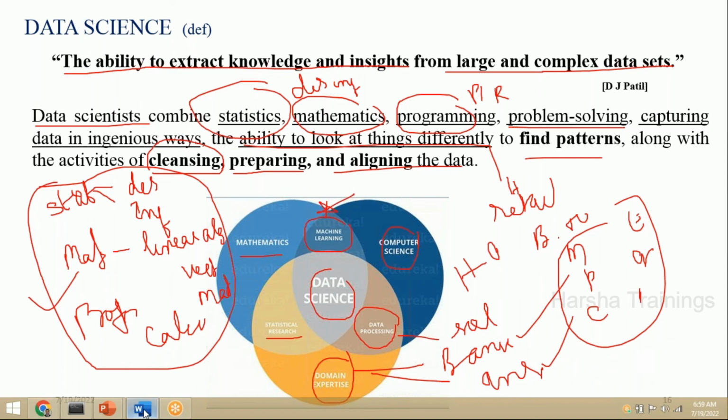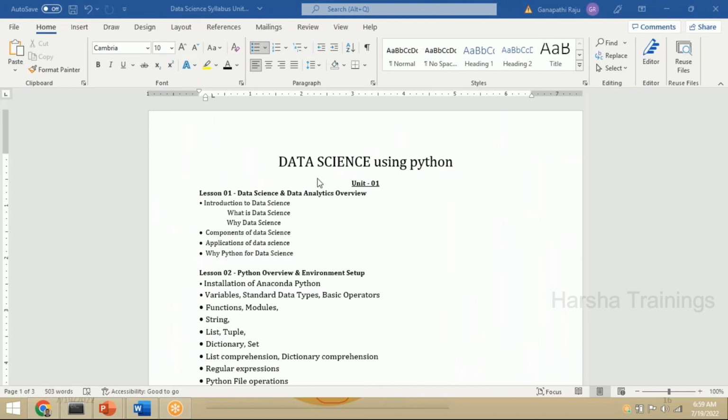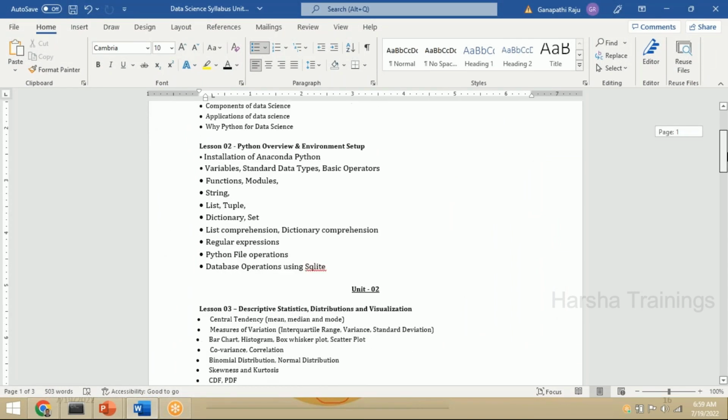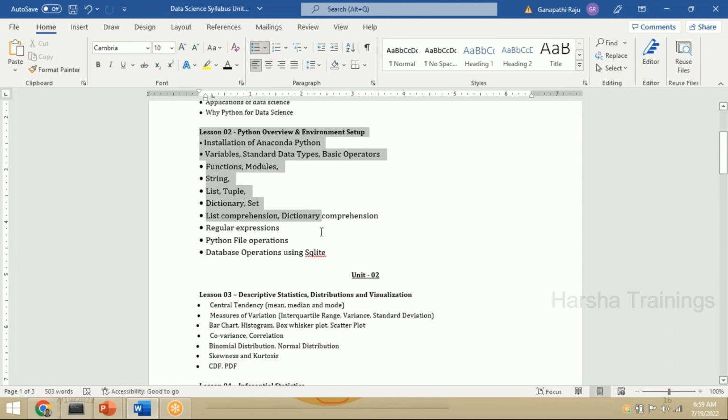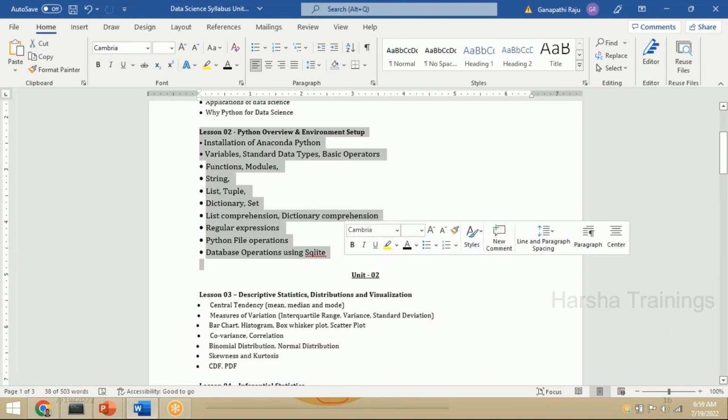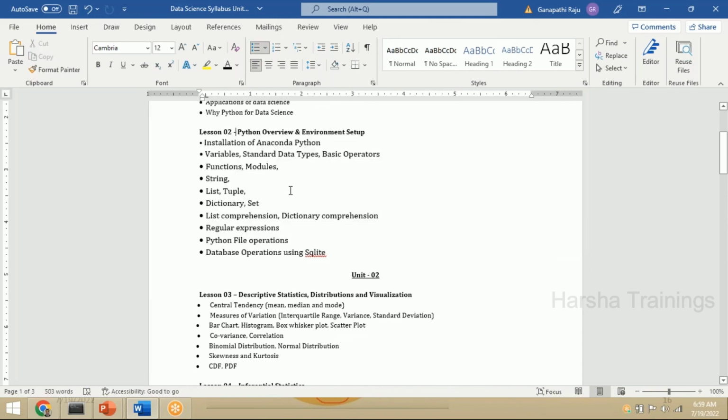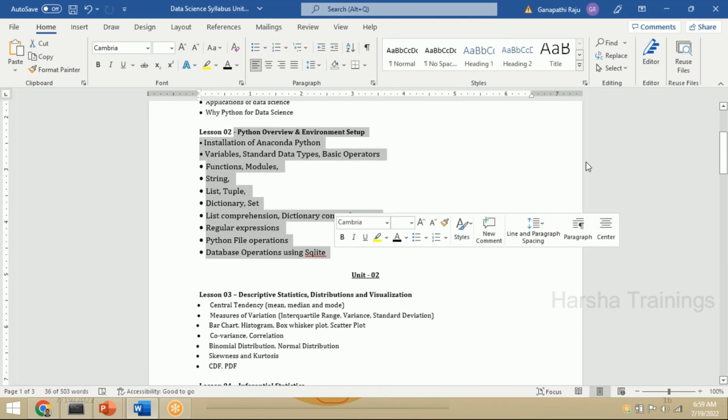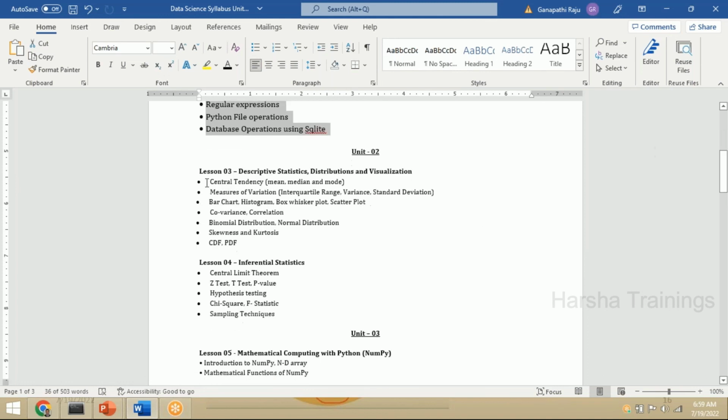So what I have done according to the syllabus: if you look at the syllabus, I have given chapter number 2, which will give you basic Python. It will take 10 days to complete, because if you are good in core programming, you can apply this knowledge. This programming will become a vehicle to learn other techniques. Chapters number 3 and 4 are about statistics.